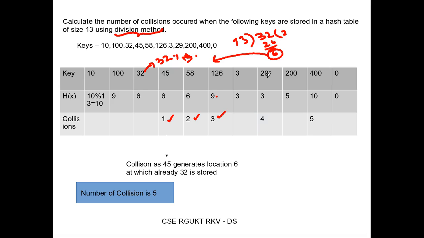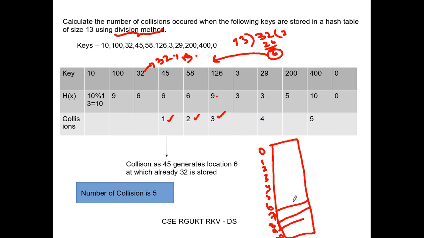If you want, we can have a table here. So 10 percentile 13 is 10, so at index 10 it gets stored.